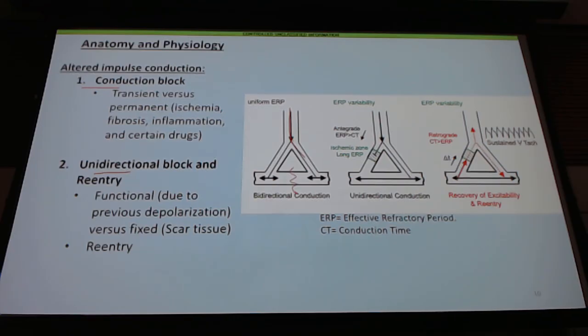And what's going to happen is that action potential is going to go down both sides or both limbs of that fork normally. And that propagation is going to go down until it encounters its own fork in the road. And then it's going to go both directions in that fork.